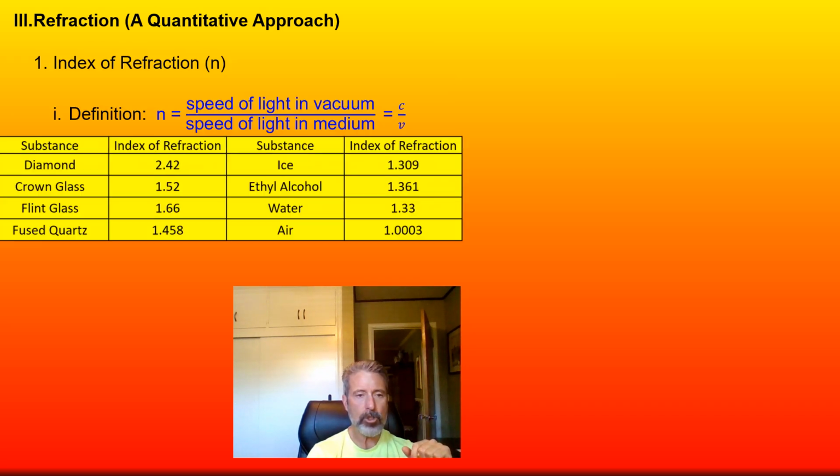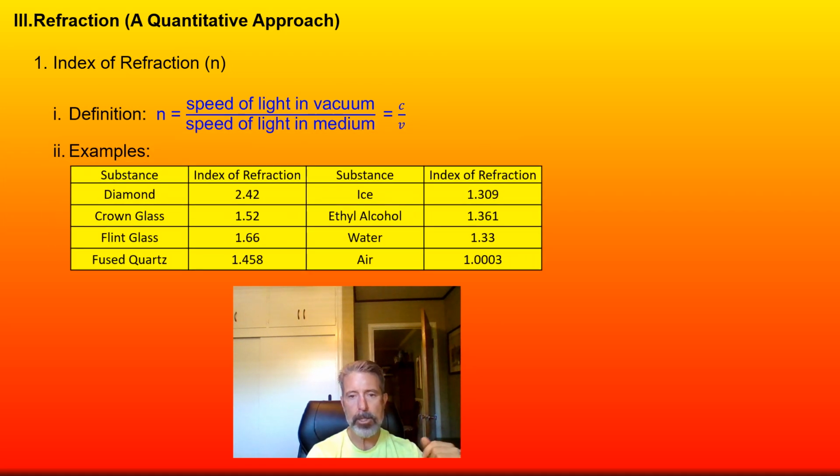So let me show you a chart here. Here are certain substances and their indices of refraction. You can see here that certainly for air, light travels almost as fast in air as it does in a vacuum. So the index of refraction is very close to 1. In fact, it's very often so close to 1 we can just consider it to be 1. When light travels through water, it travels slower, so its index of refraction is about 1.33.